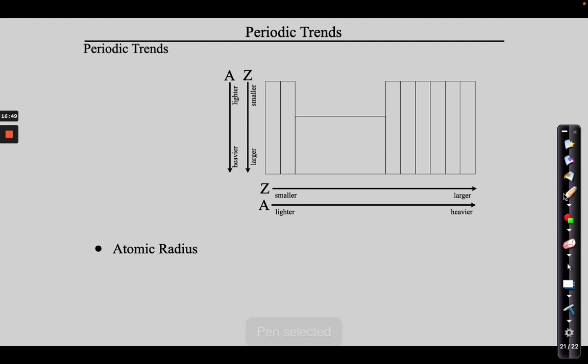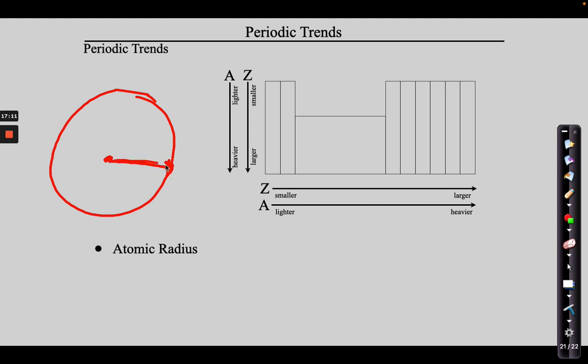We talked about this last time. Remind me, what is the atomic radius? Right, so in the very center of my atom, I have my nucleus, and then like you just said, on the outside I have my valence electron shell. So the atomic radius measures from the nucleus to the valence electron shell, that very outside part.